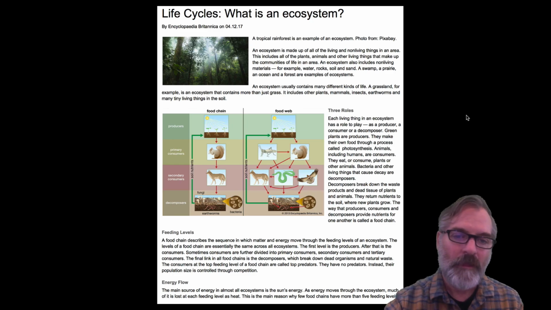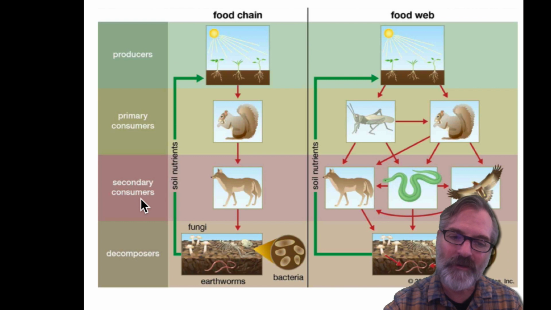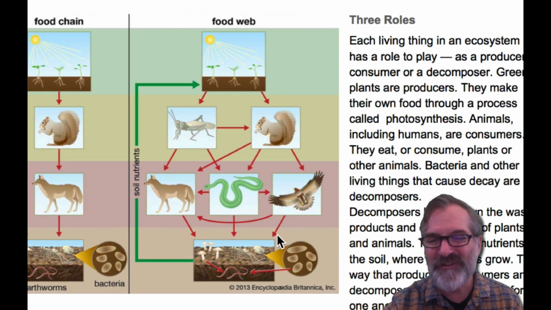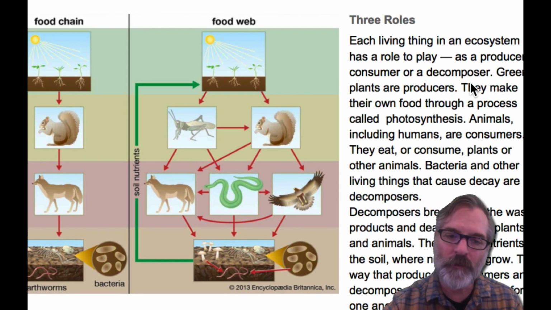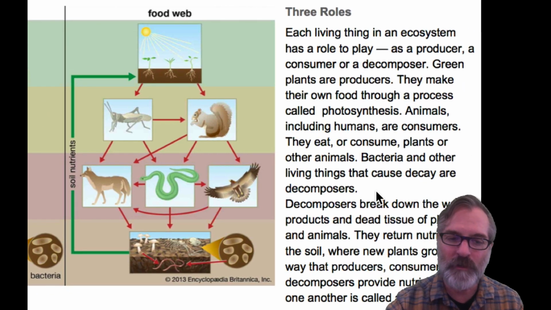All right. So it talks about food chains, starts with producers, primary consumers, secondary consumers, and then lastly decomposers. If you take multiple food chains and put them together and they interconnect, we're going to create a food web. There are 3 roles: producers, consumers, and decomposers.